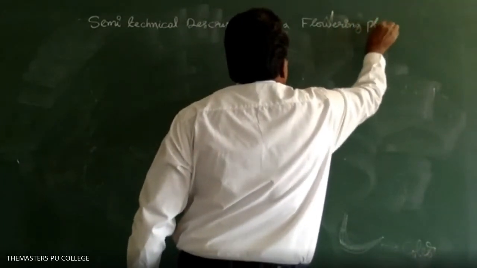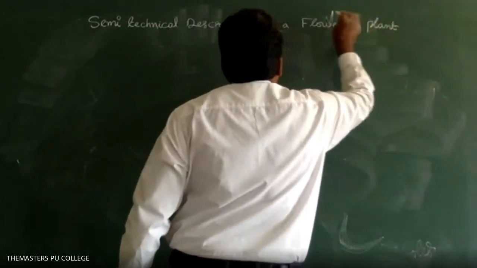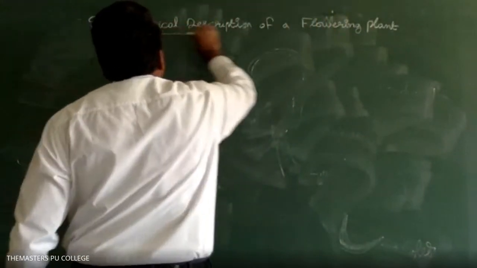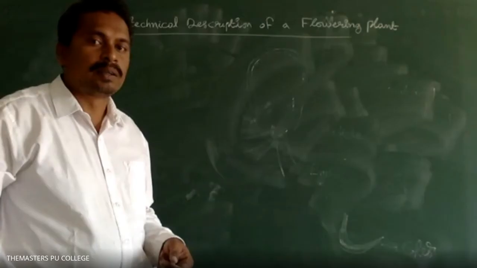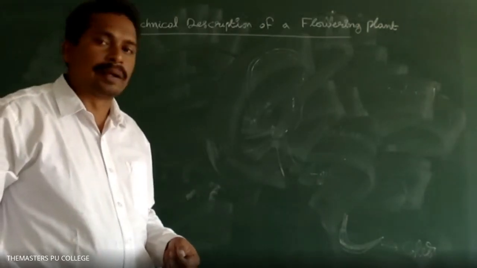What are the parts of a flower? Calyx, corolla, androecium, gynoecium.